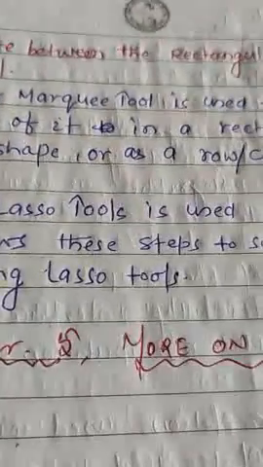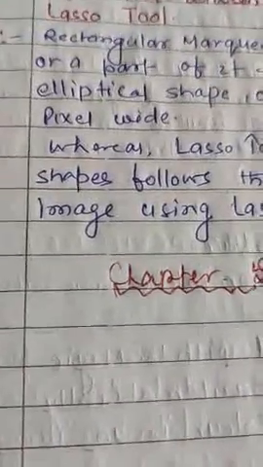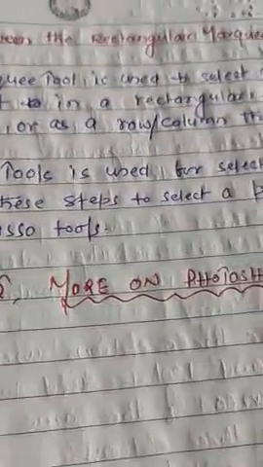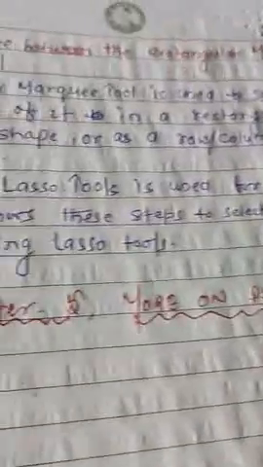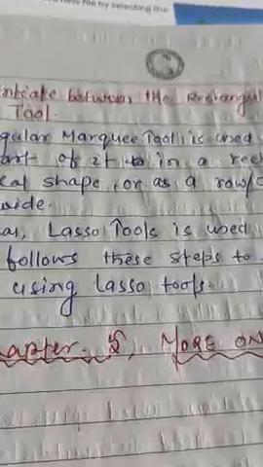Whereas the lasso tool is used for selecting irregular shapes. Follow these steps to select a part of the image using the lasso tool.